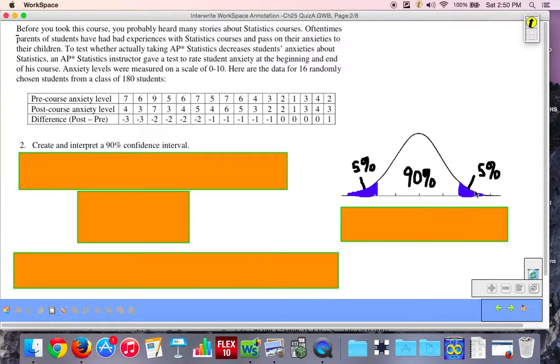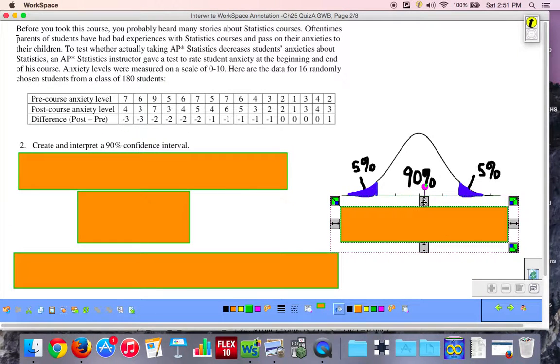to the right of that interval. So we need to find the critical t-value for 15 degrees of freedom for the area under the curve of 95%, because when we look at this curve, if we started here and went all the way to here, we'd have this 90 plus 5, so that would be 95% of the curve.